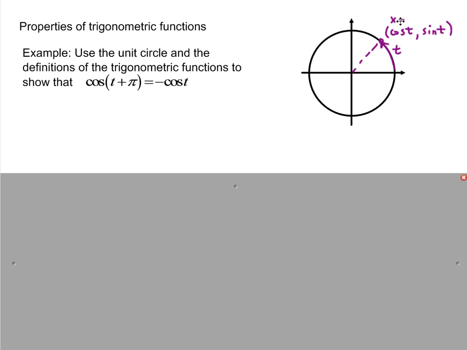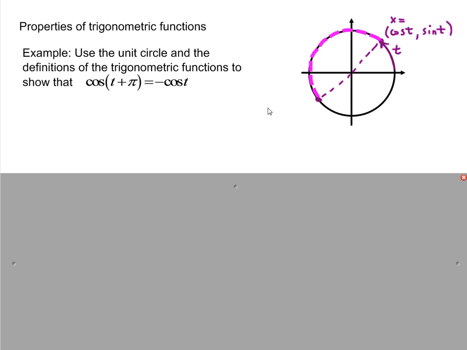So what happens if we go to t plus pi? Well, if we go to t plus pi now, that means that we go along the outer edge of this circle right here by pi units. So that brings us all the way over here into quadrant 3.